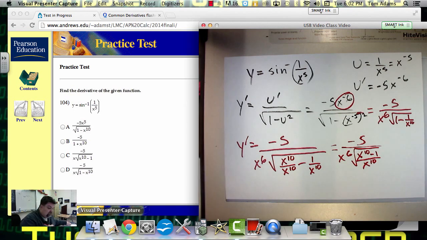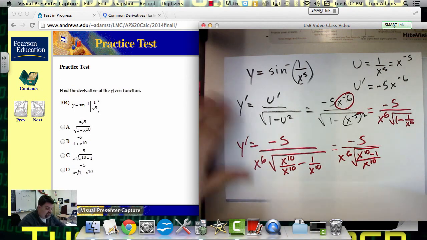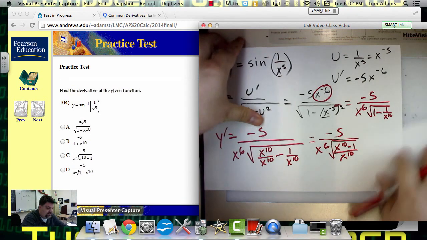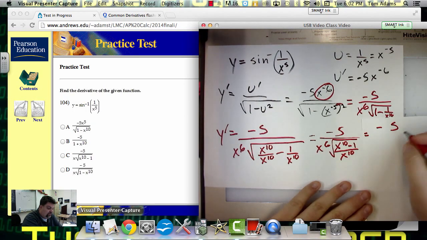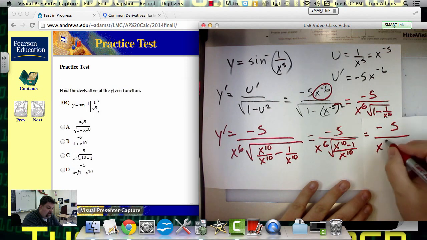Now this is going to get a little tricky here, but that's okay. If you guys stick with me, it'll make a lot of sense. So then in the next line, I've got negative 5 all over x to the 6 times the square root of x to the 10 minus 1 all over the square root of x to the 10.